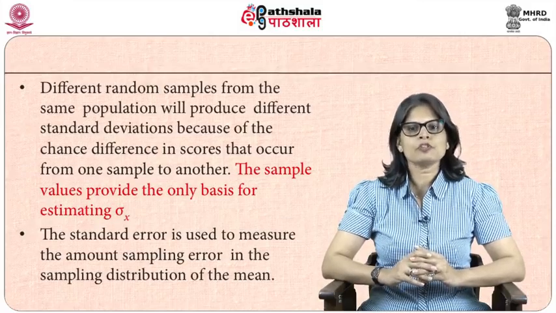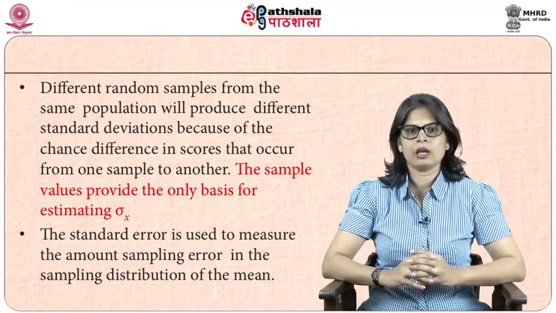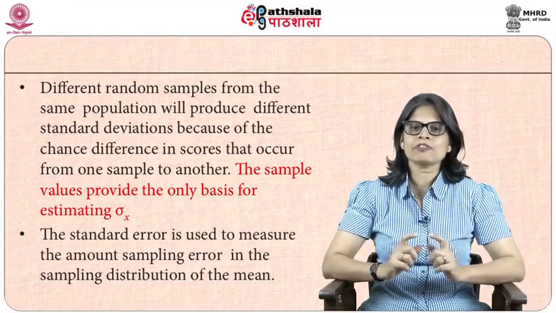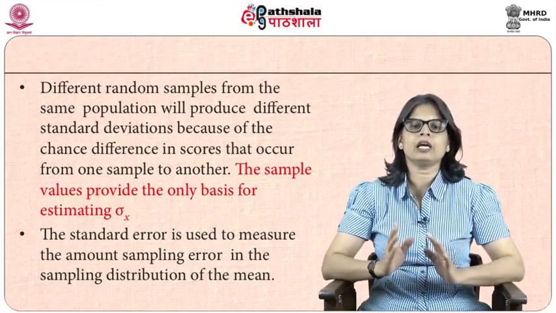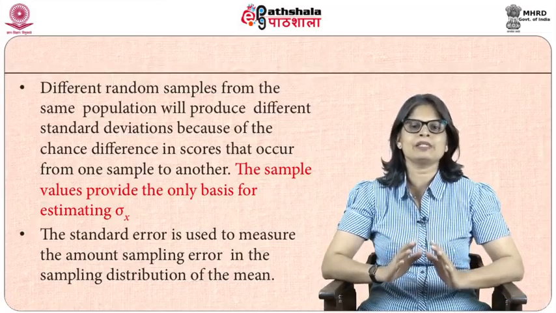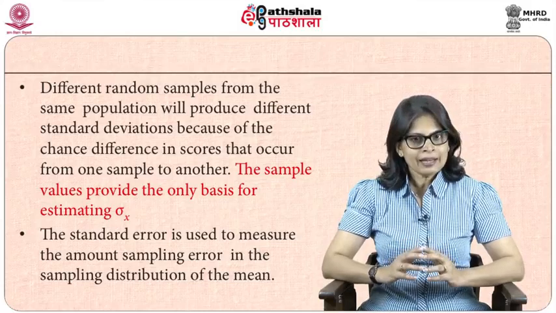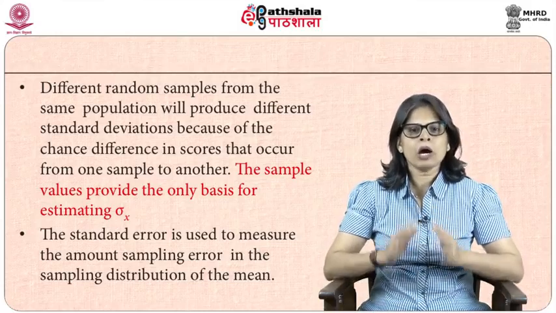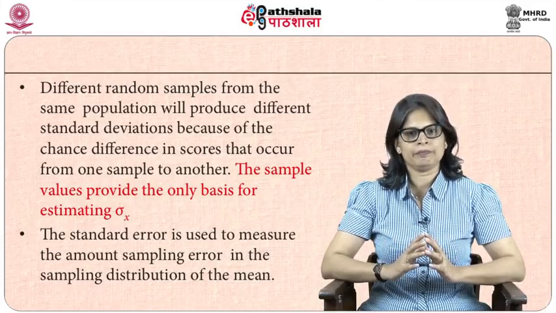Different random samples from the same population will produce different standard deviations, because of the chance factor in the scores that occur from one sample to the other. The sample values provide the only basis for estimating sigma x. The standard error is used to measure the amount of sampling error in the sampling distribution of the mean.